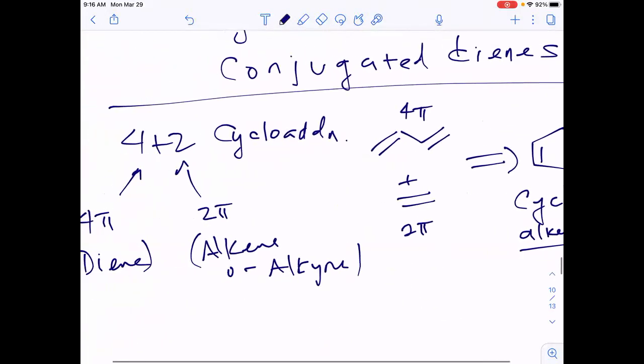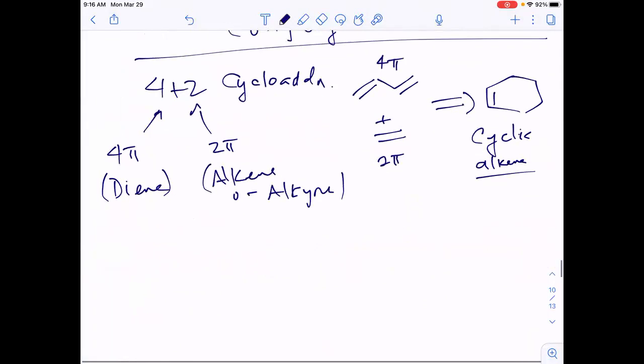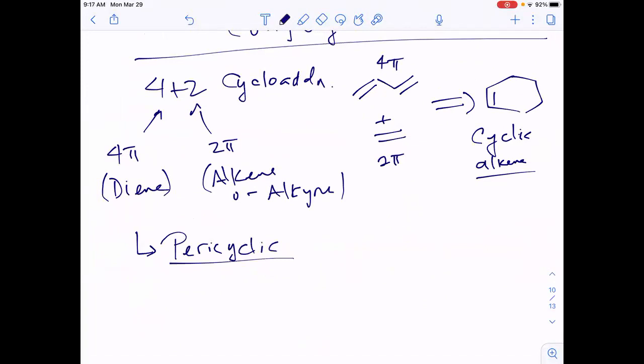This type of reaction, we call a pericyclic reaction. We call it pericyclic because the electrons move in a specific pattern, and only certain atoms are involved.